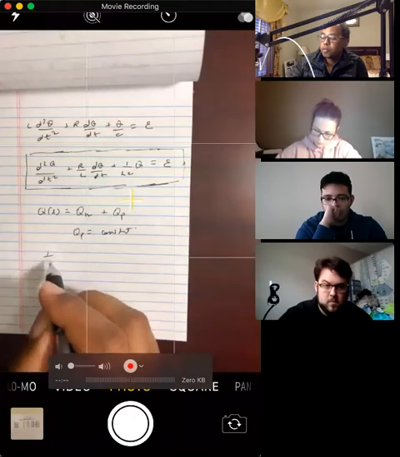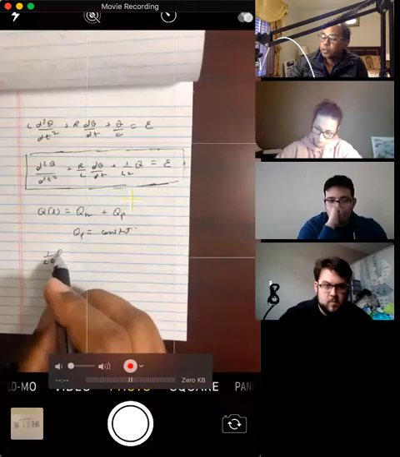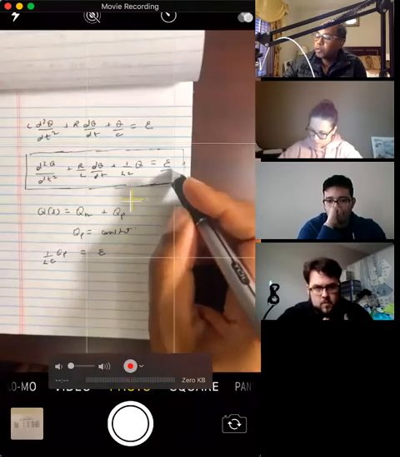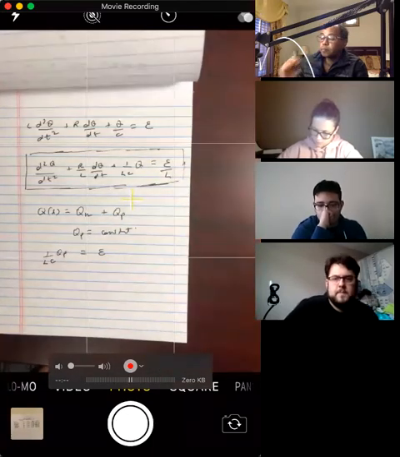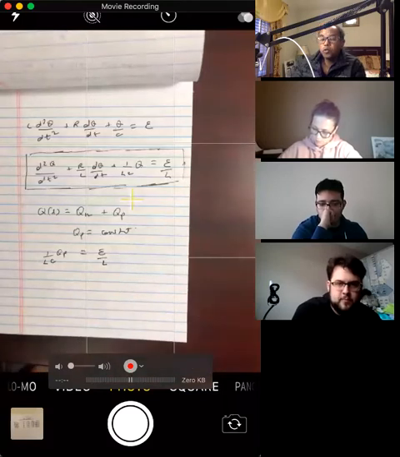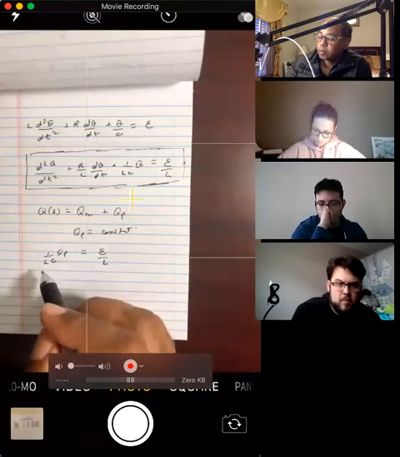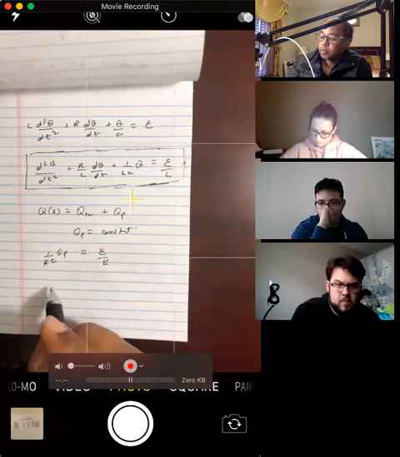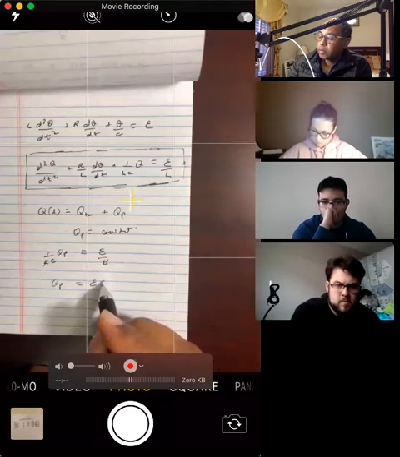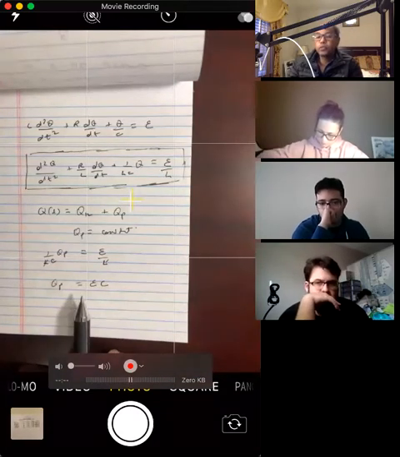So the particular solution would be 1 over LC times QP equals the EMF over L. Oh, I didn't divide by L over here. Okay, the E over L. So 1 over LC times QP equals this. So L goes away, and you see the particular solution is the EMF E times the capacitance C. So that's my particular solution.